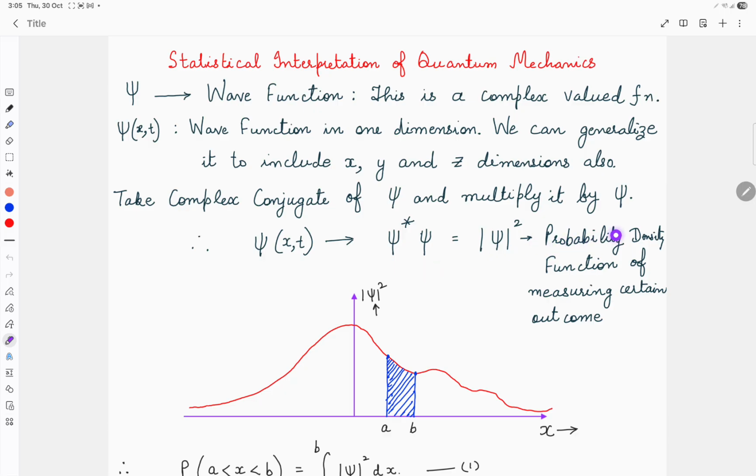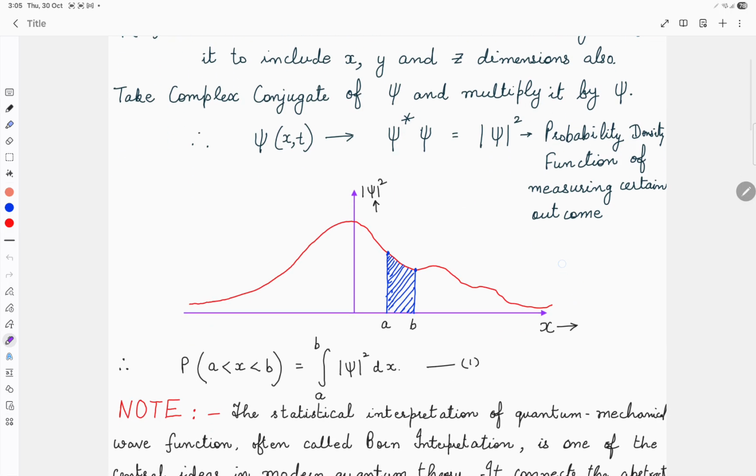Now, as I was just trying to explain, this magnitude square of the wave function is basically the probability density function. This represents the probability distribution. Along the x-axis is the position, for example, a particular outcome. The x-axis determines the position or any other quantity.